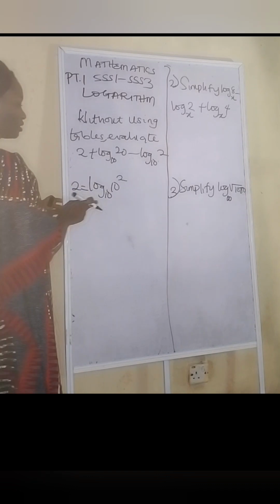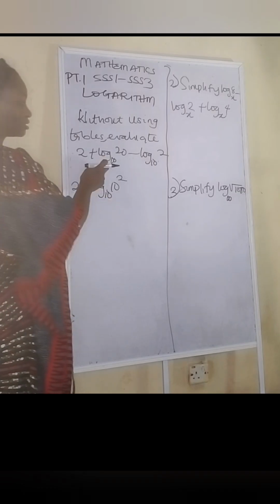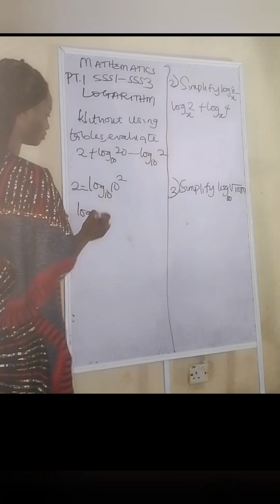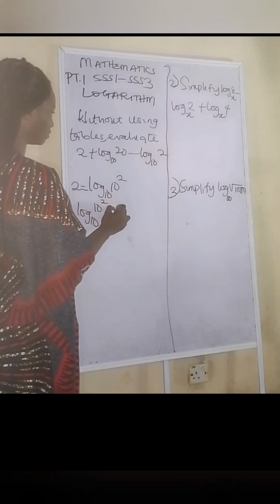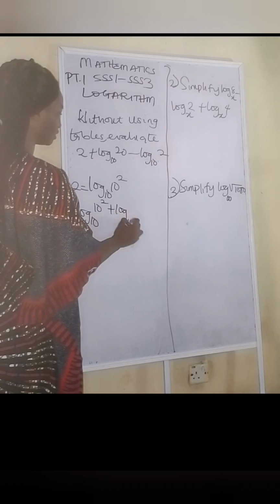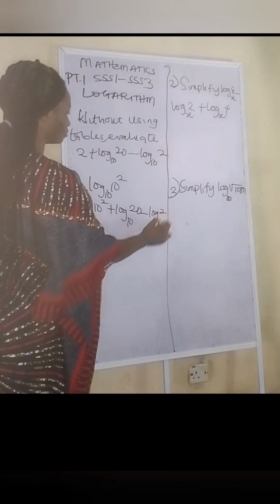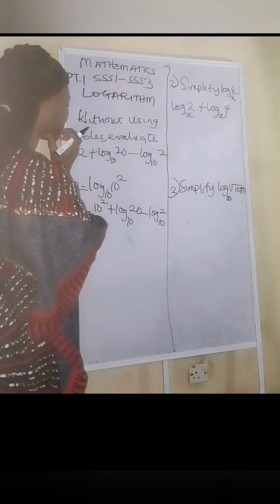So now we can substitute this into this equation. It's very simple. So instead of writing 2, just write log 10 raised to the power 2, plus log 20 base 10, minus log 2 base 10.